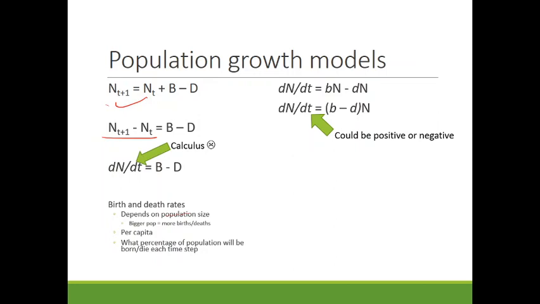All right, now we do something a little funny. We take this b minus d and replace it with r to get the equation: the change in number over time, dN/dt, is r times N. Now, what is this r? The r is the per capita instantaneous growth rate, is what it's called.